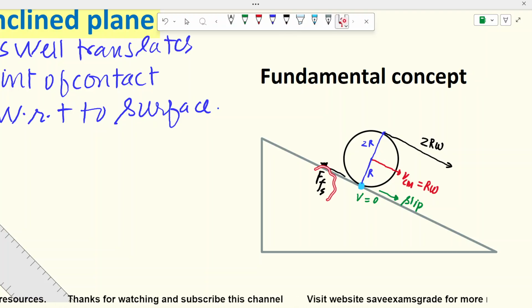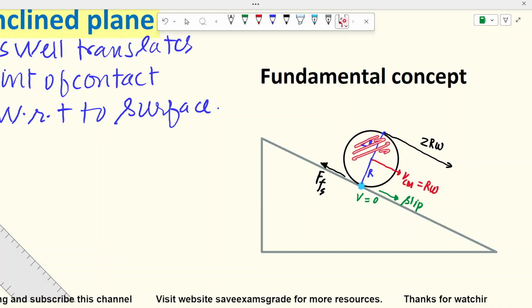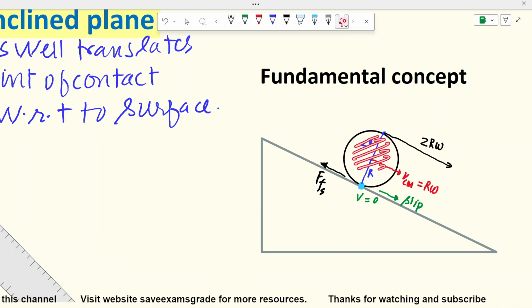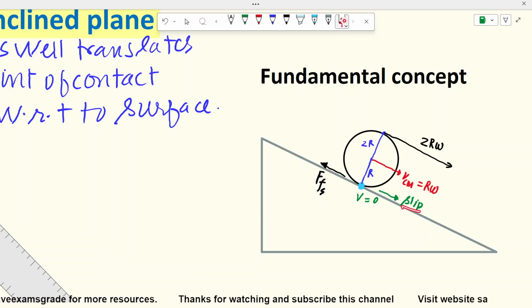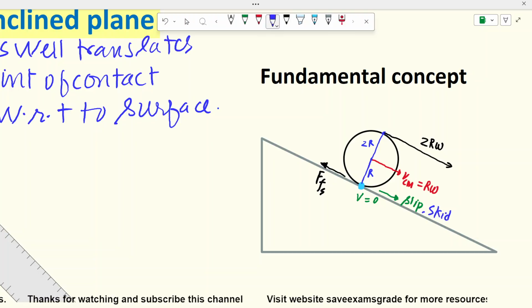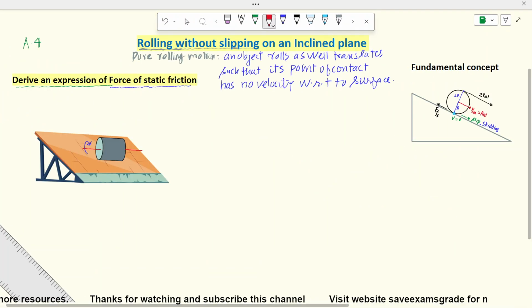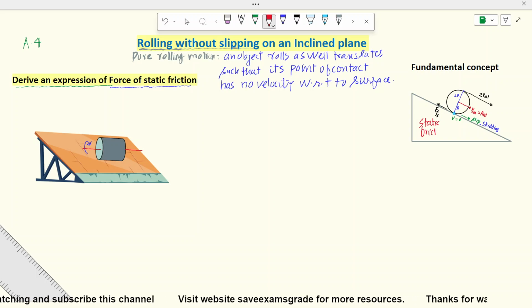Because this is the necessary force which keeps this object at rest at that point of contact, so it avoids any slipping or skidding of this object. So this is static friction. It's not kinetic or dynamic friction.